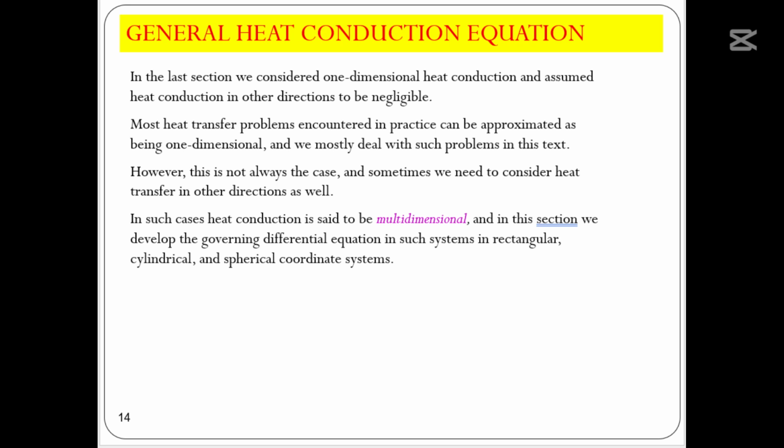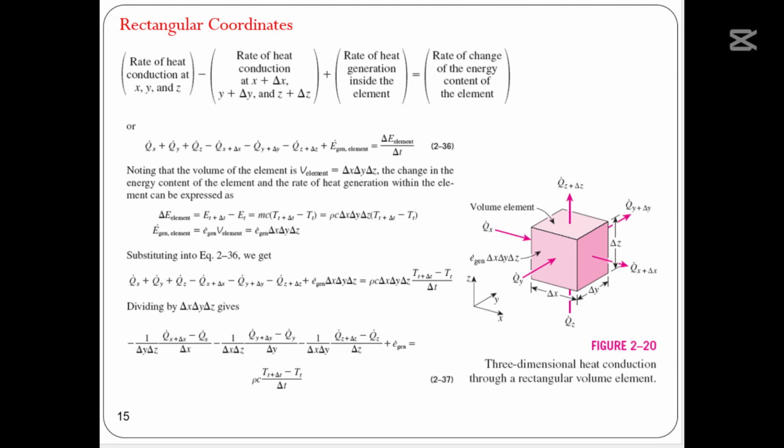So similarly, as we define the heat conduction equation for one dimension in the x direction, the same can be done in the three-dimensional equation. So the rate equation of heat conduction will be defined in x, y, and z directions. And similarly, we will check the heat conduction equation for x plus delta x, y plus delta y, and z plus delta z.